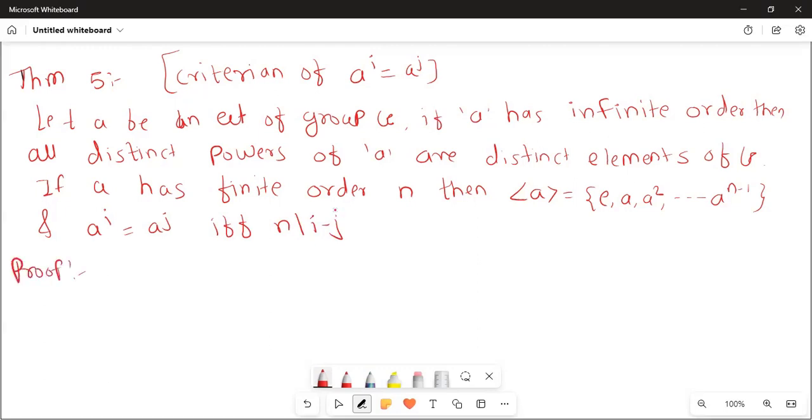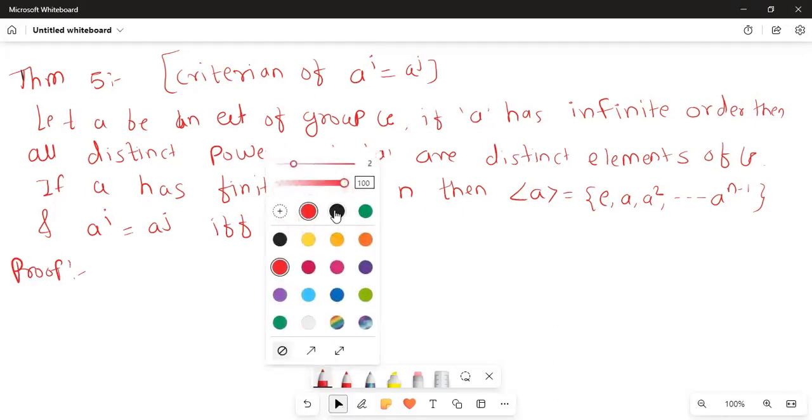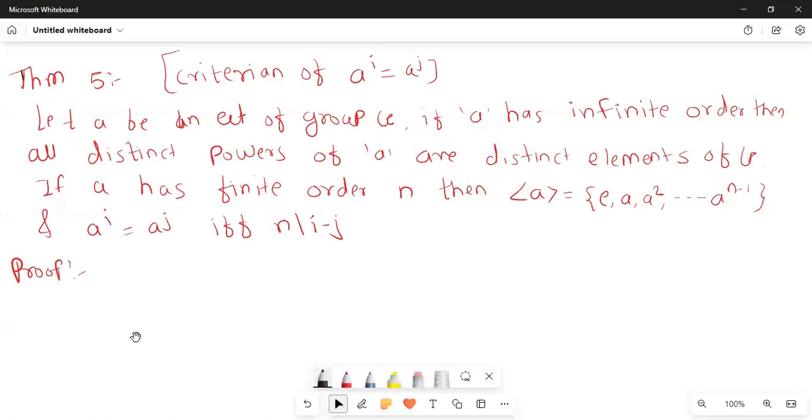तो उसमें देखो हमें क्या करना है. पहले थ्योरम को एक बार लिख करते हैं. Criterion of a raised to i equal to a raised to j.